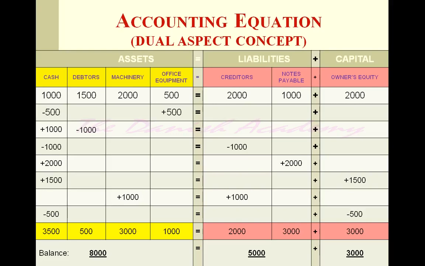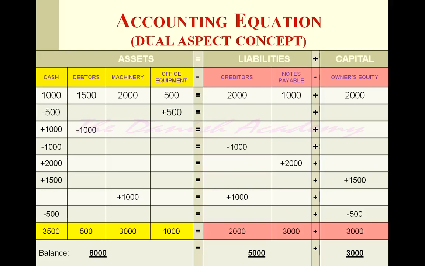So let's assume that it is the beginning of the business. Later the business purchased 500 rupees worth of office equipment. So the office equipment would increase by 500 and cash would decrease by 500.